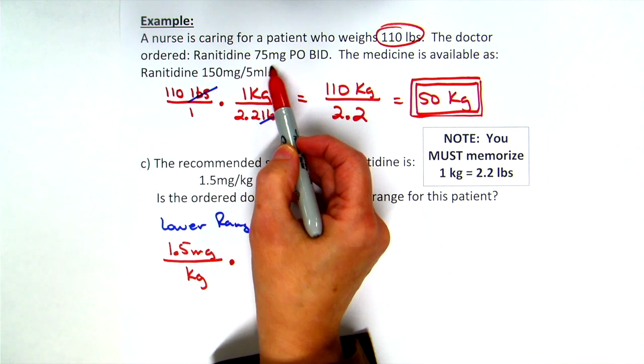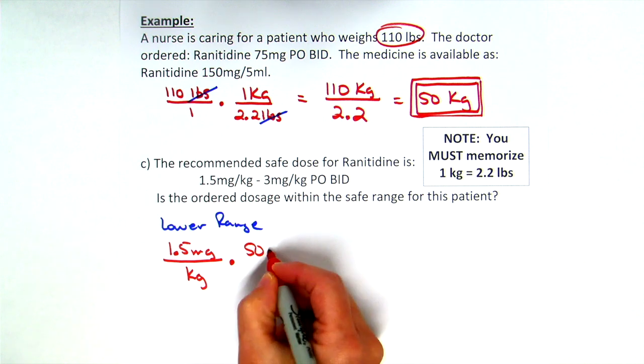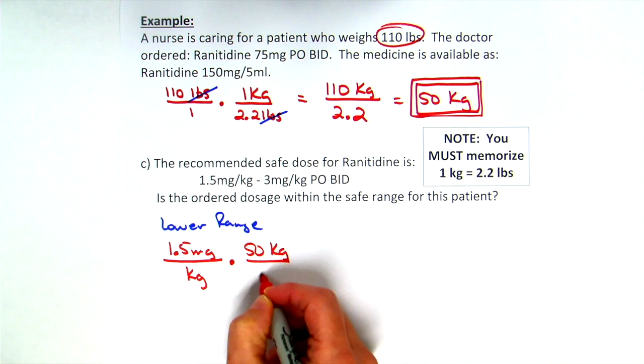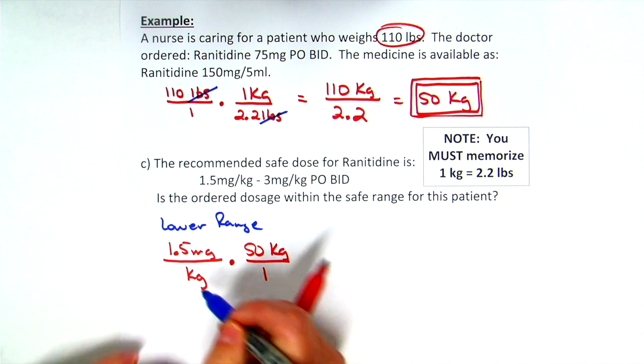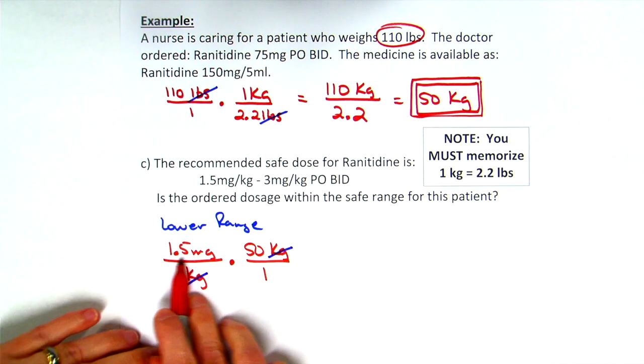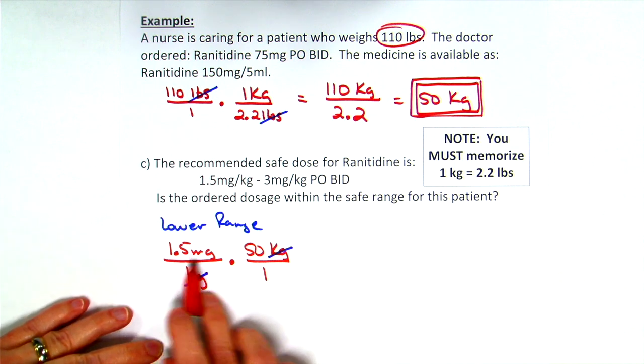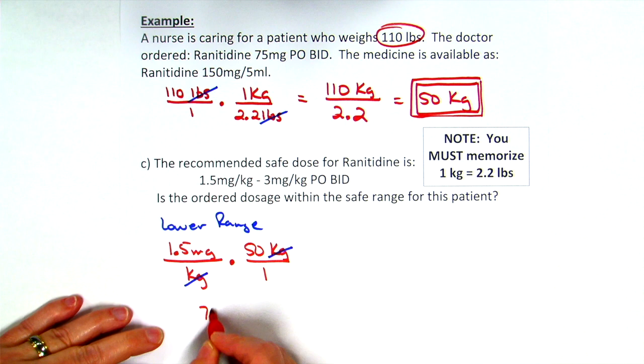It was in milligrams. So I'm going to multiply this by the 50 kilograms, the patient's weight, over 1. That's going to let me cross out kilograms and kilograms there. So multiply straight across the top, multiply straight across the bottom. I'm just going to get 1.5 times 50, which is going to be 75 milligrams.